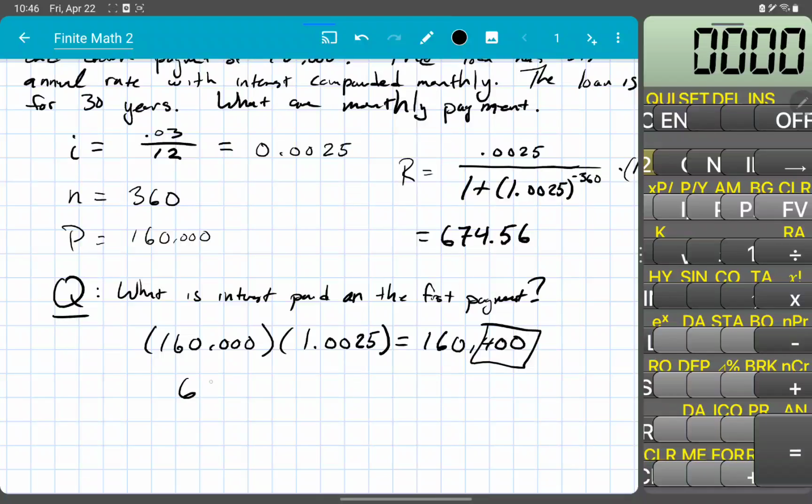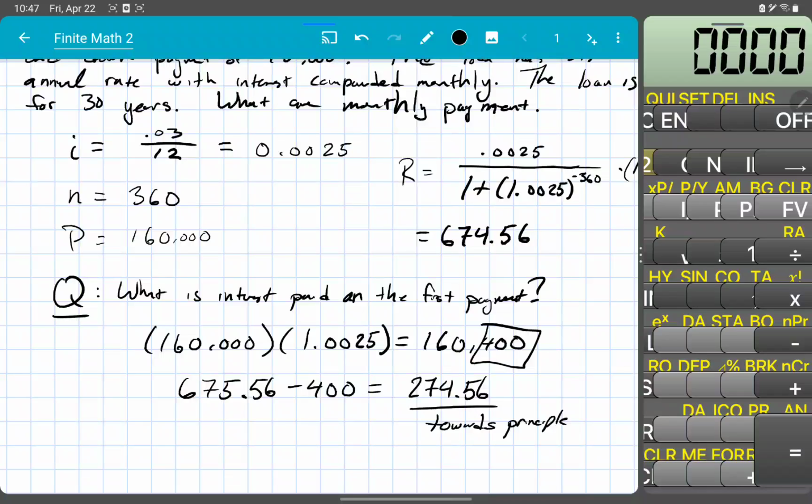So of that $674.56, most of it, almost 2/3 of it, goes to pay the interest. And then we have $274.56 going towards principal. And all loans work like this. At the beginning, much more of your money goes to pay interest than for principal.